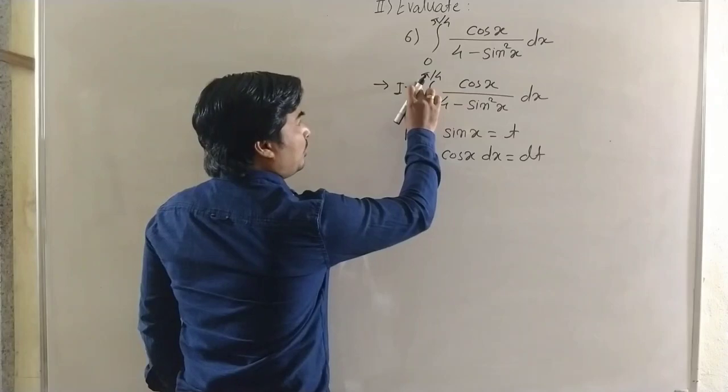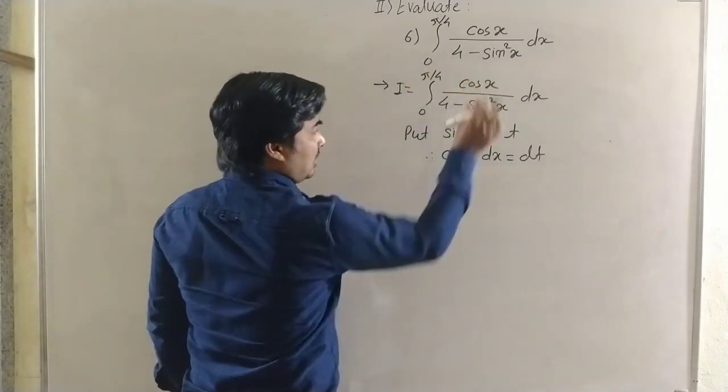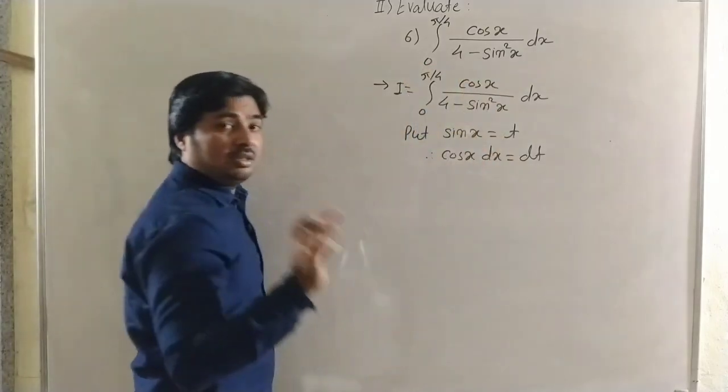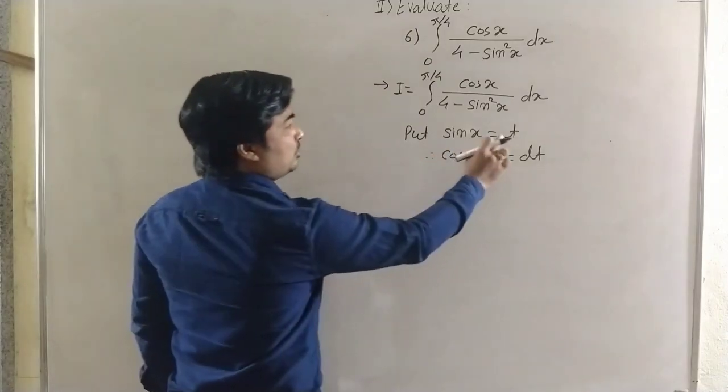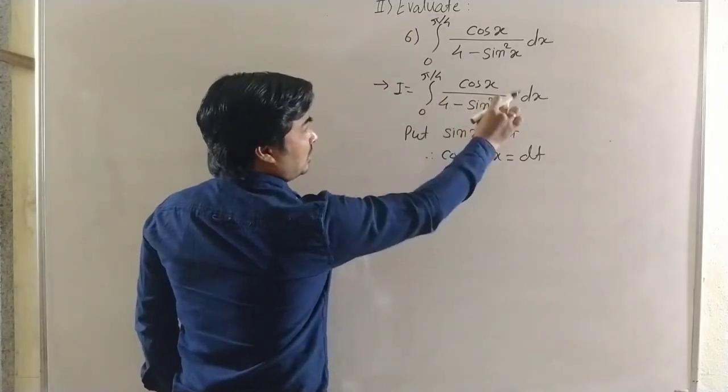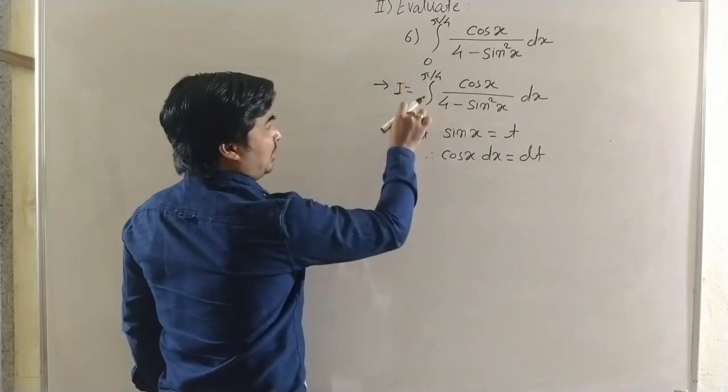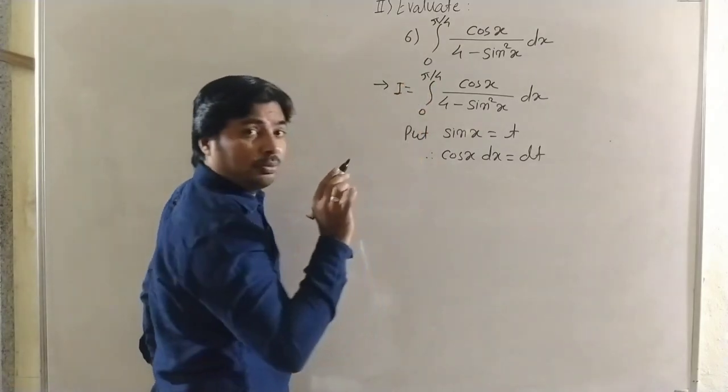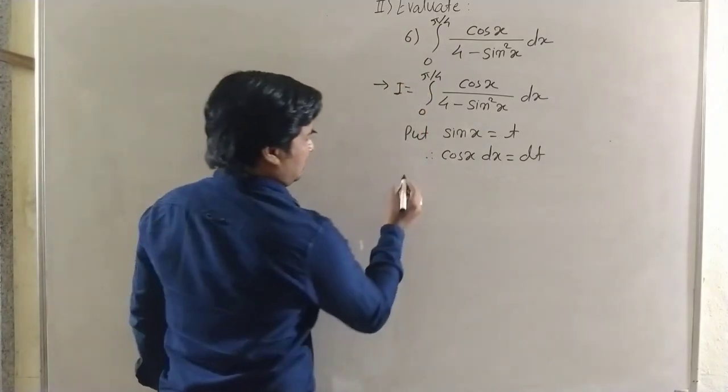The limits 0 to pi by 4 are for x, but now we change the limit to a function of t, since sin x is equal to t. The integral becomes in terms of t, so change the limit. We find the values of t by using the values of x.